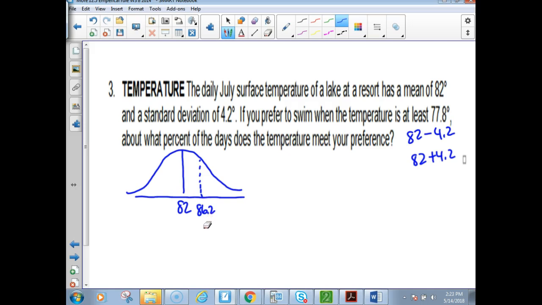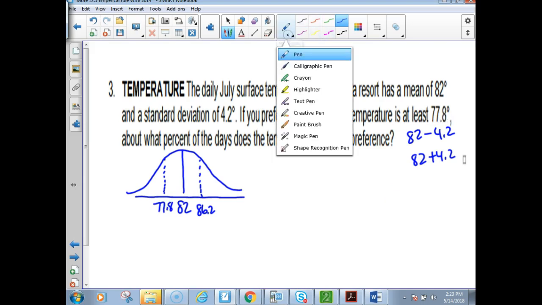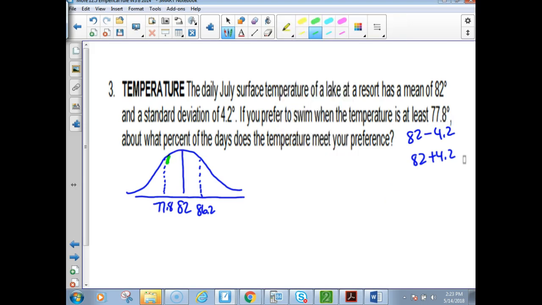I don't think I even need that. That's above what he wants. We really want to look at what's below. What's 82 minus 4.2? I have 77.8. Okay, and he likes to swim when it's at least 77.8. So we want all of the days that are above this temperature.